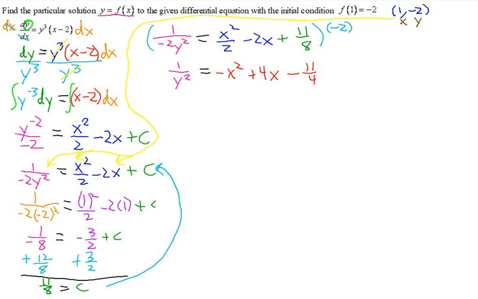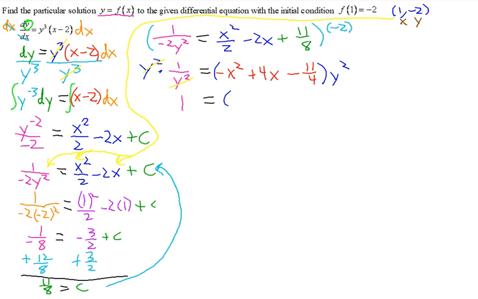Then we need to get the y squared out of the denominator. So you can multiply both sides by y squared. So that way the y squareds reduce out here, and you're just left with 1 equals. Here, though, since we're solving for y, it's not helpful to multiply it out.